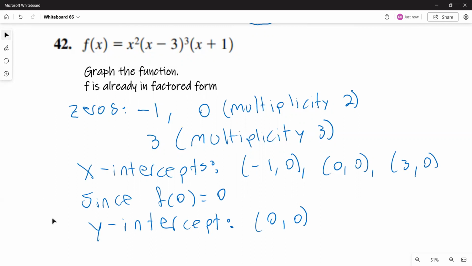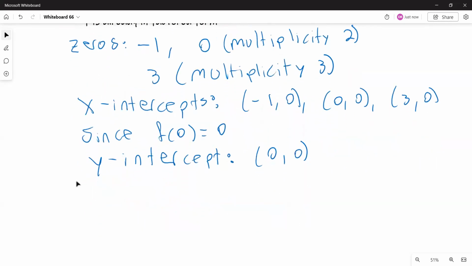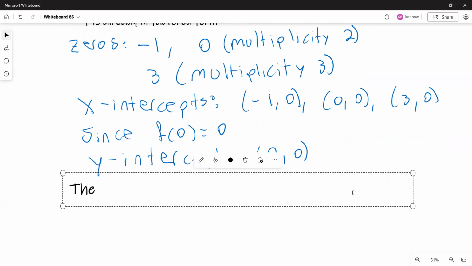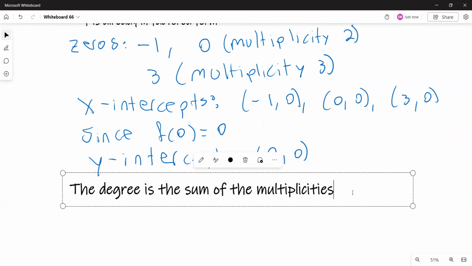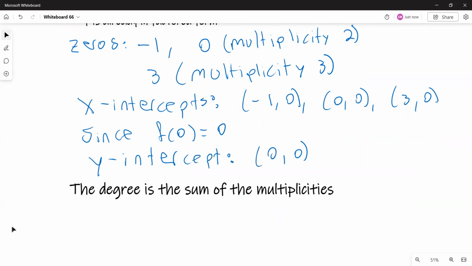That's a polynomial of degree 6, so we know the end behavior. The degree of the polynomial is the sum of the multiplicities, and the multiplicities are 1, 2, and 3.